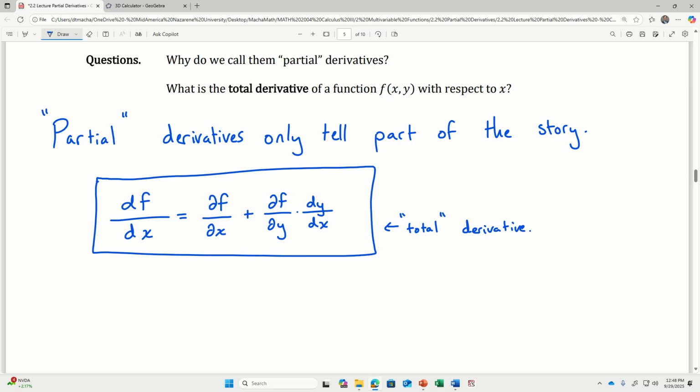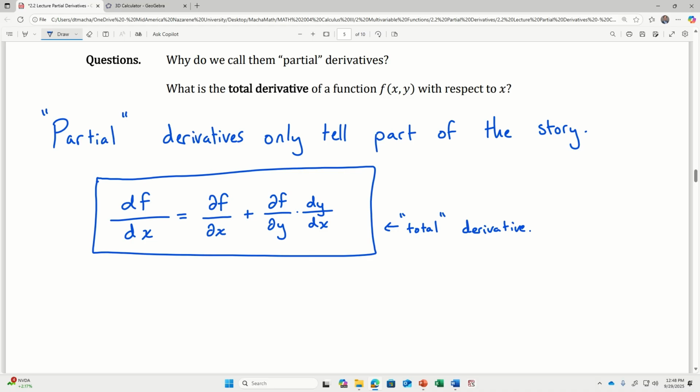So anytime I make a change in my x variable, it has this direct route of affecting f through the first term here, and it has this indirect effect on the function f because x might affect y and y might affect f.